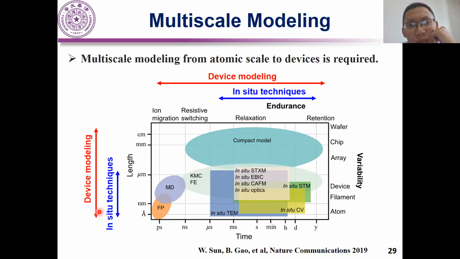And from the modeling view, I think the key challenge resides in retention and endurance, which take a lot of time, because normally for modeling we only focus on the switching process. The switching process only occurs in several nanoseconds.